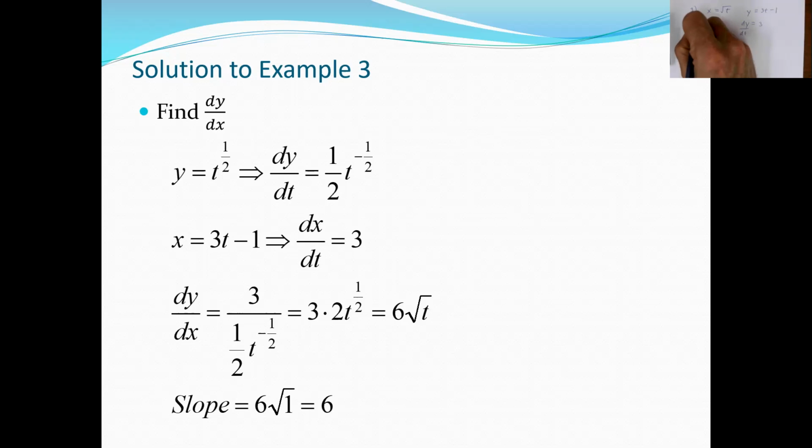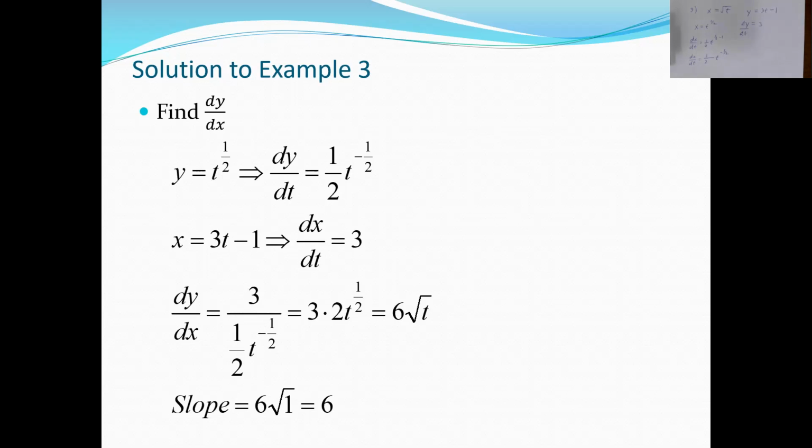This one is fairly basic, but you do have to switch t to the 1/2 power. And your derivative of t to the 1/2 power, if you do the power rule, is going to be 1/2 times t to the negative 1/2, basically, when you take away 1 from the exponent. So now I have 1/2 and I'll have t to the negative 1/2.